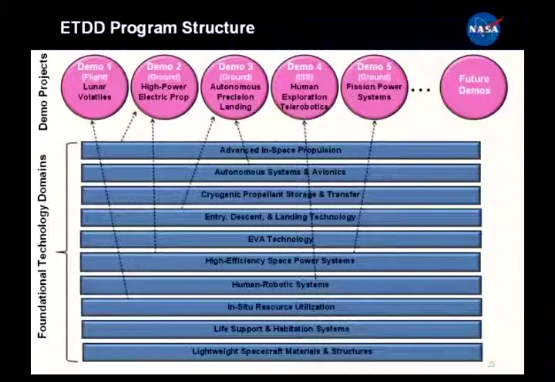So there's two main parts to the program, and they're managed separately because they're different types of projects. The demonstration projects are managed more like a flight project, whereas the foundational domains are more like a portfolio of technologies that are matured.